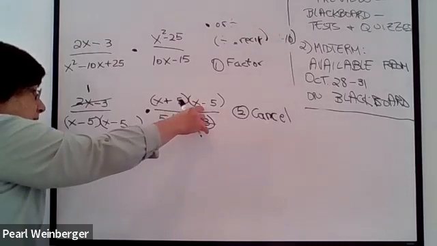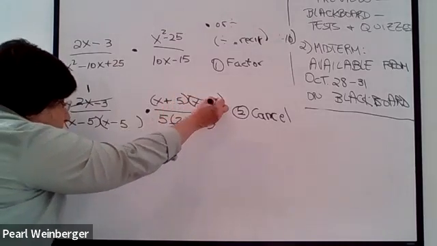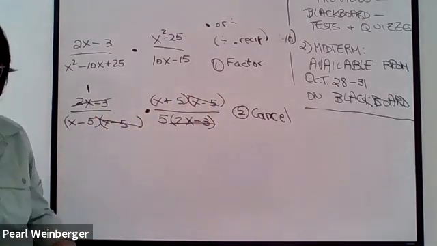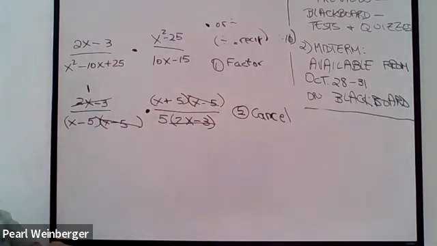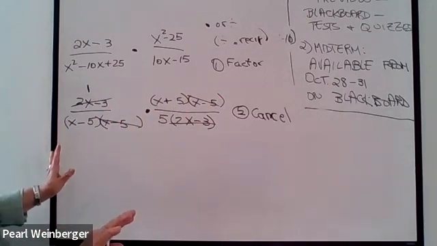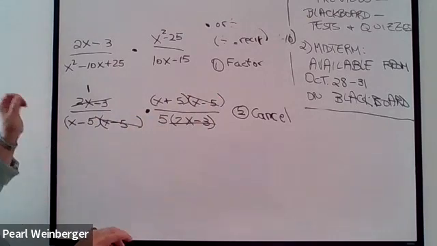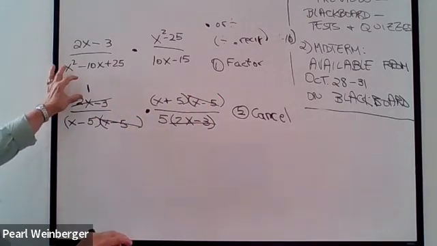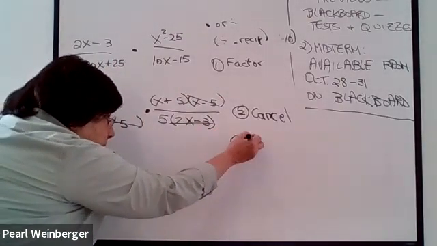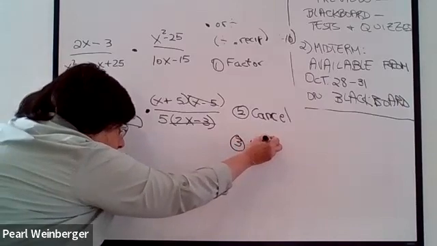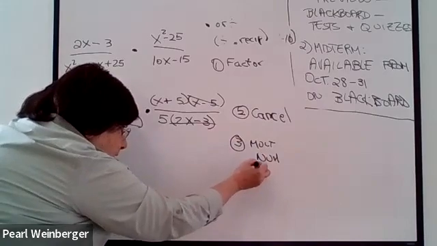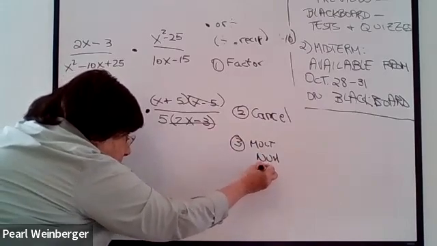I then go to this x minus 5, and I can cancel that out with one of these. It doesn't matter which one or the other. And now, let's see, I've canceled everything that I can possibly cancel out. So now I can finish the example by multiplying the numerators together and then the denominators together.